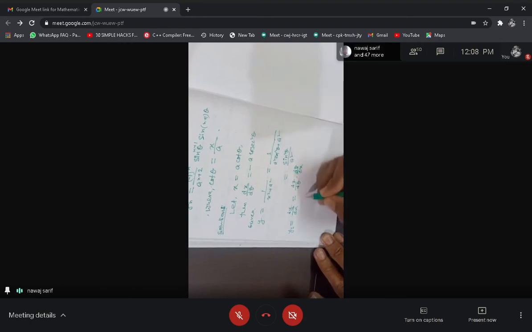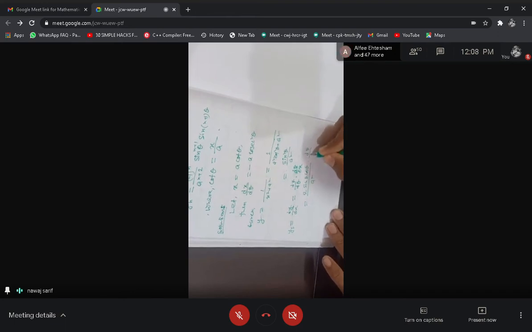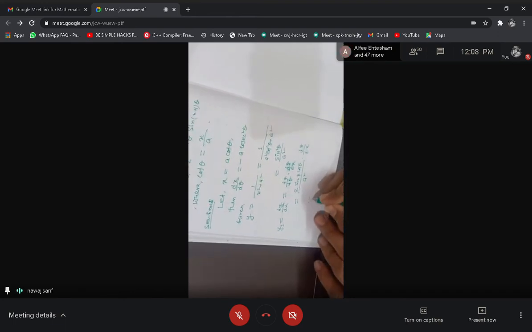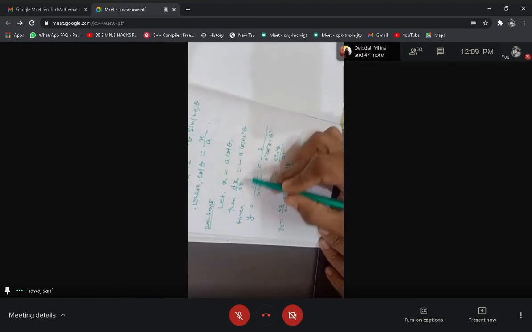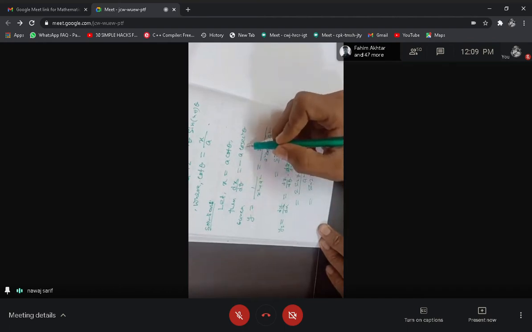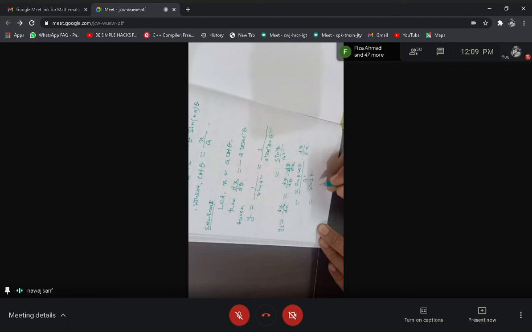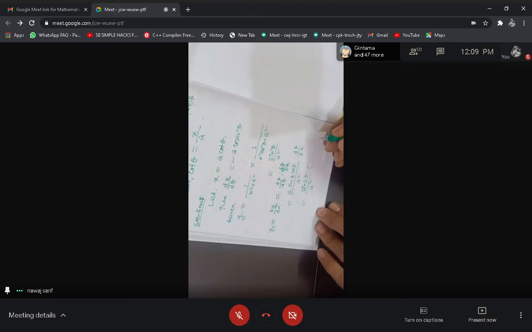Now what is dy d theta? This is 2 sine theta cos theta upon a square, multiplied by d theta upon dx. 2 sine theta cos theta is sine 2 theta, and d theta upon dx is the reverse of dx over d theta, which is 1 by minus a cosec square theta, so it becomes minus sine square theta upon a.